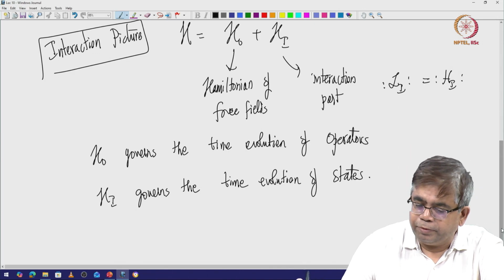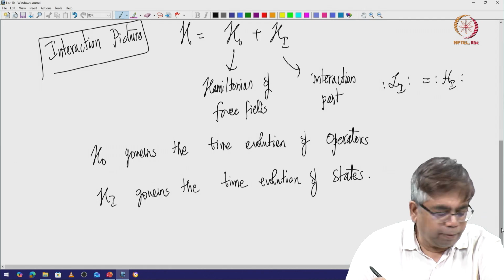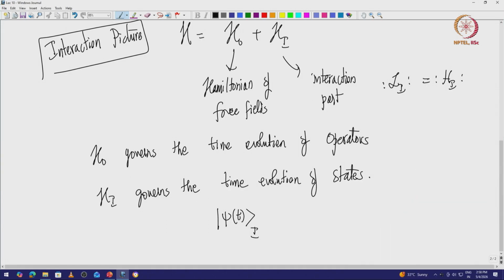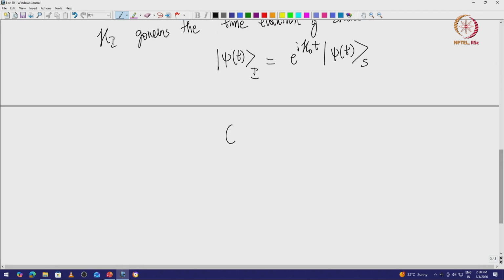So for this we introduce a new index, psi I. This is just the Schrodinger state moving into the interaction picture, and the operator O interaction is equal to e power i H0 t O Schrodinger e power minus i H0 t.